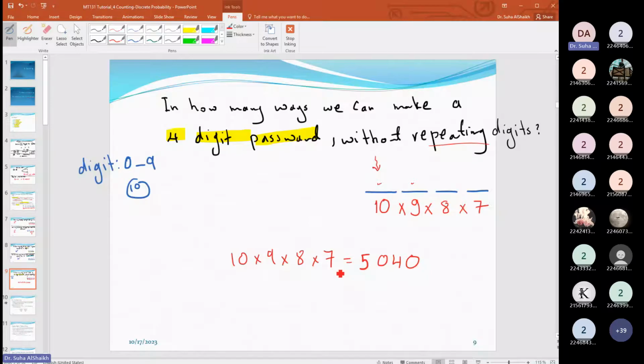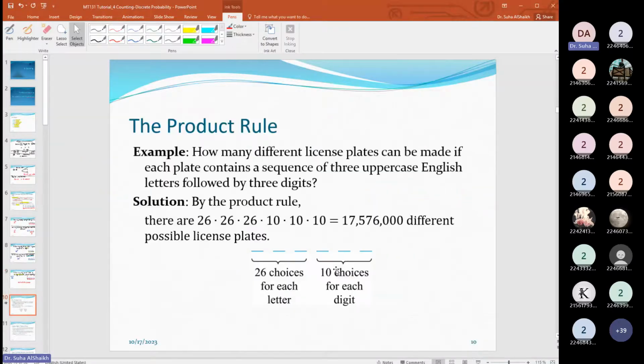Now let's check this example that we have in the slide. How many different license plates can be made if each plate contains a sequence of 3 uppercase English letters followed by 3 digits? So what does the question say? It says I will have 3 uppercase English letters followed by 3 digits.